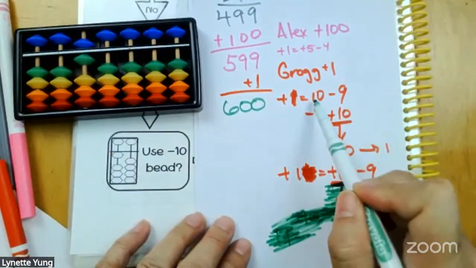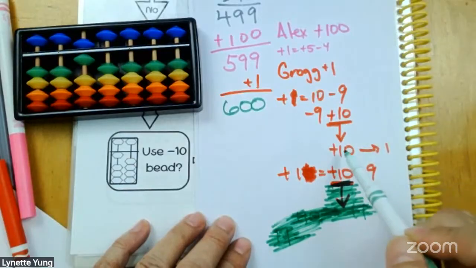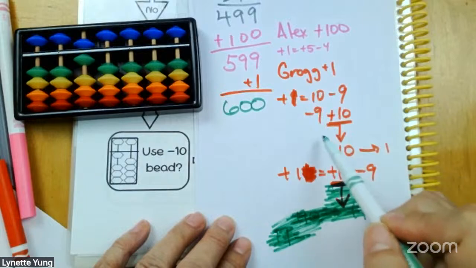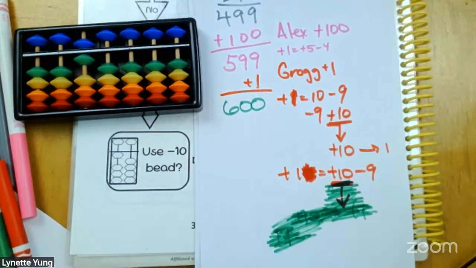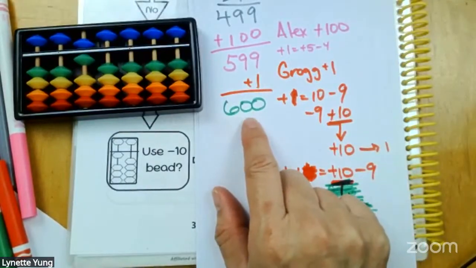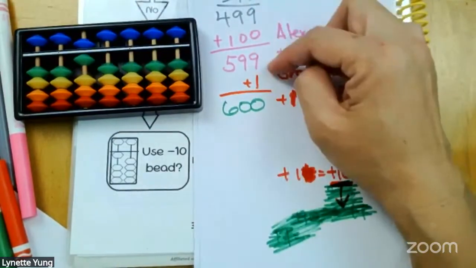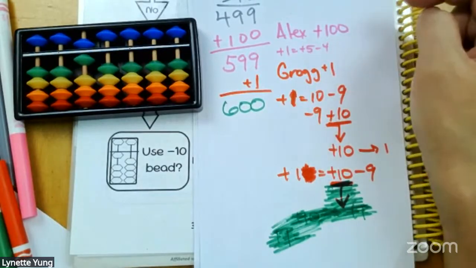Let's minus the 9 first before we go to the next one. So what we do is we iterate until we get to our final destination. Most of the math books always focus on the result, but they don't focus on the process. Yeah, that's true.